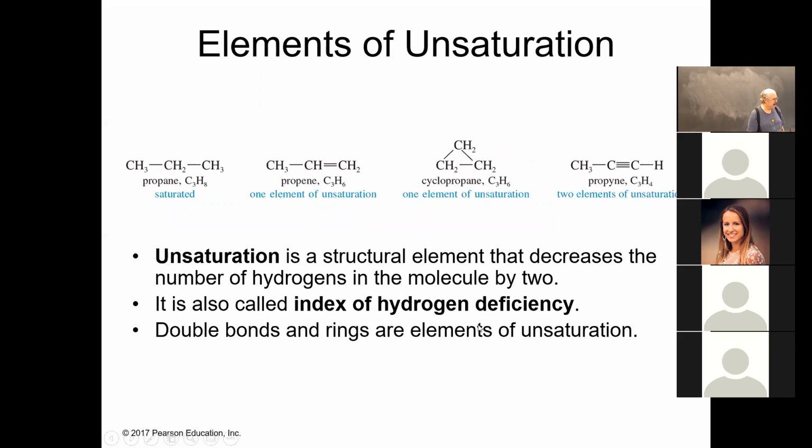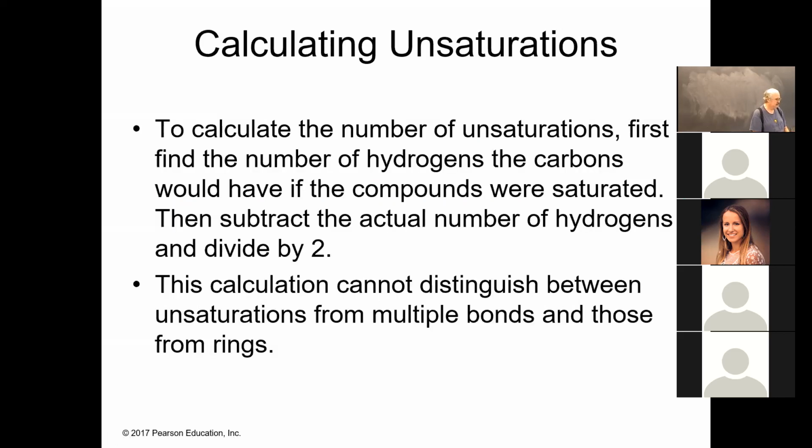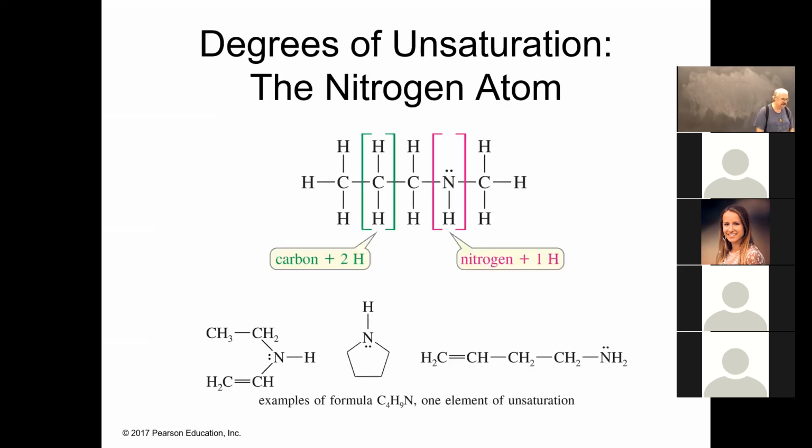For example, propane, C3H8, that's CnH2n plus 2. For propene, of course, we're missing 2 hydrogens, so that's 1 element of unsaturation. Same way with cyclopropane. We're missing 2 hydrogens, so that's 1 element of unsaturation.